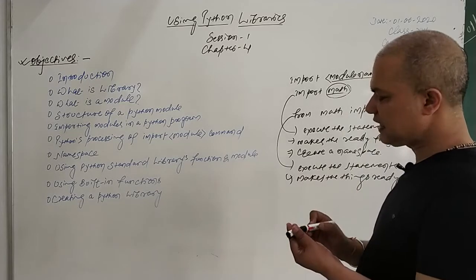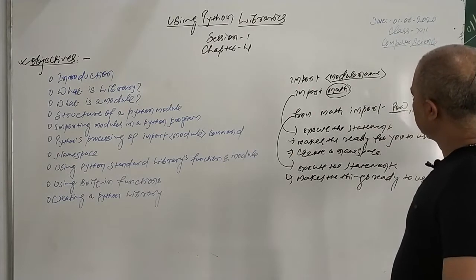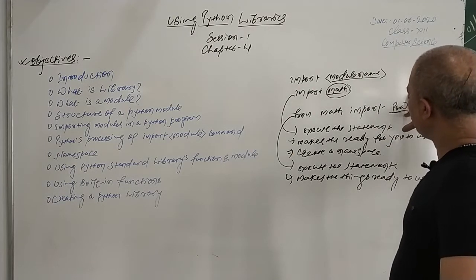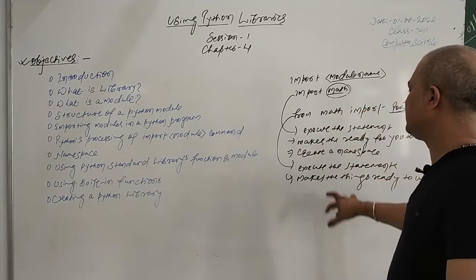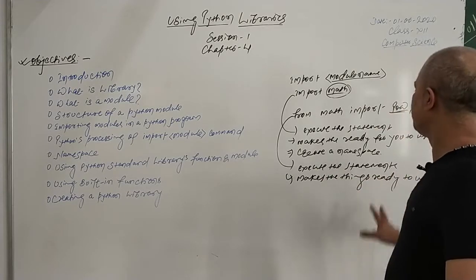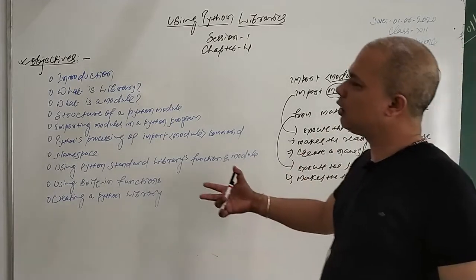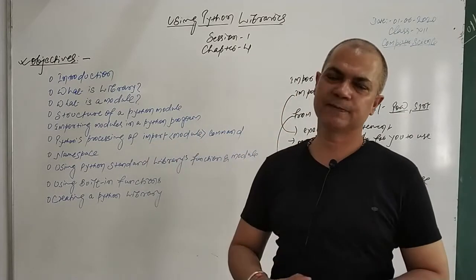No namespace is created in this case, since we are importing a particular section or particular function of that module, partially. So two things take place: executing the statement and making the function ready to use. This is how Python processing of the import module command works.